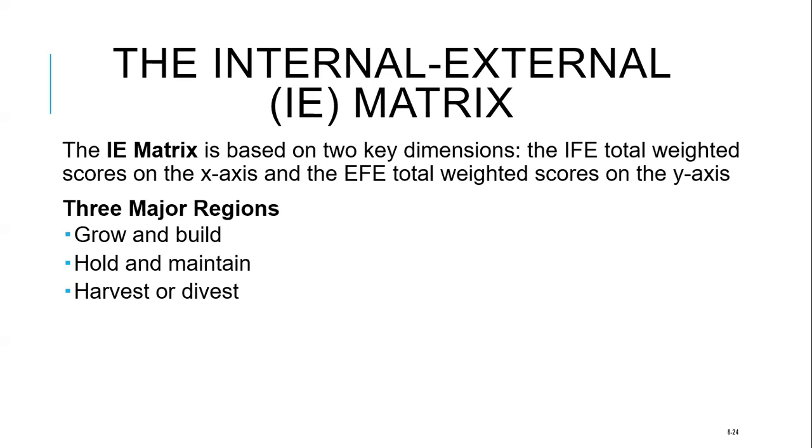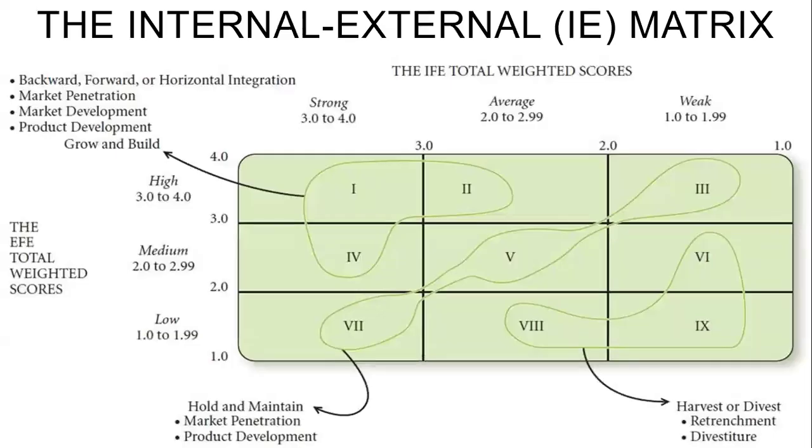Let me use a way to illustrate so that you'll be able to put them into their right perspective. So this is a typical internal-external matrix, and I'm saying that it has two main dimensions, including the internal factor evaluation total weight scores as well as the external factor evaluation total weight scores.